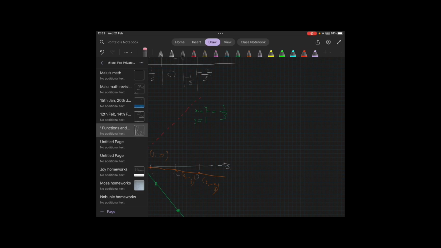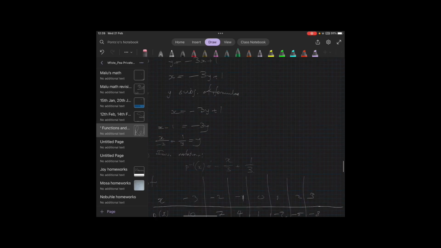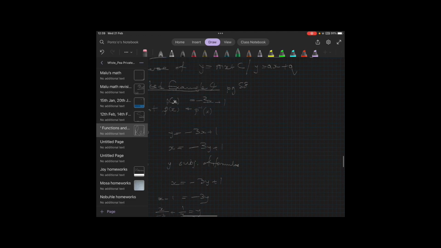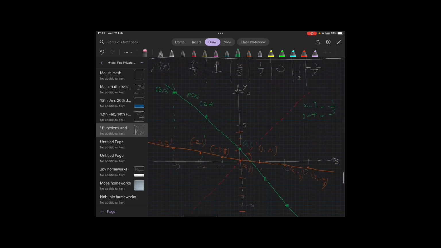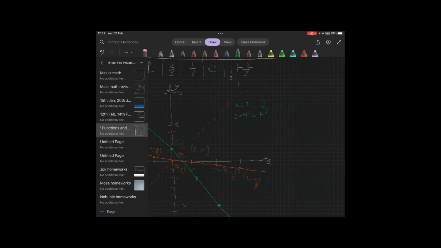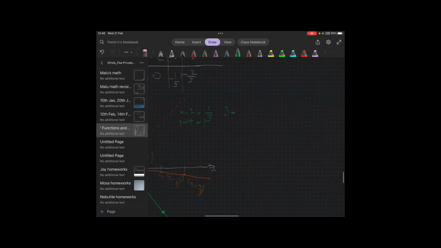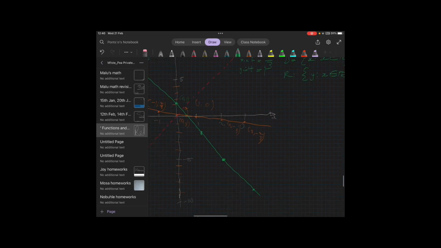And where x is 0, y is 1. Okay. And the domain would be a set of x values such that x is an element of real numbers, and the range would also be a set of y values such that y is an element of real numbers.